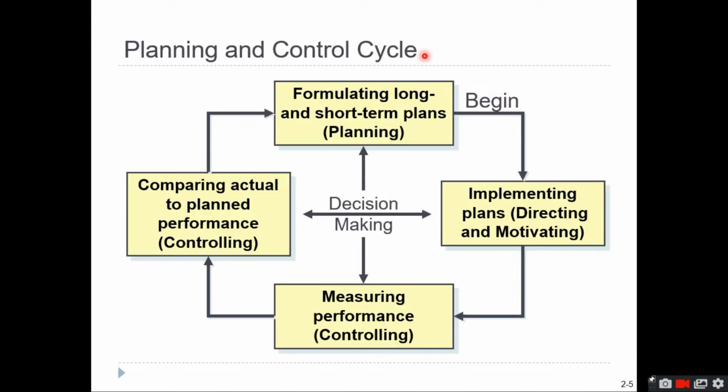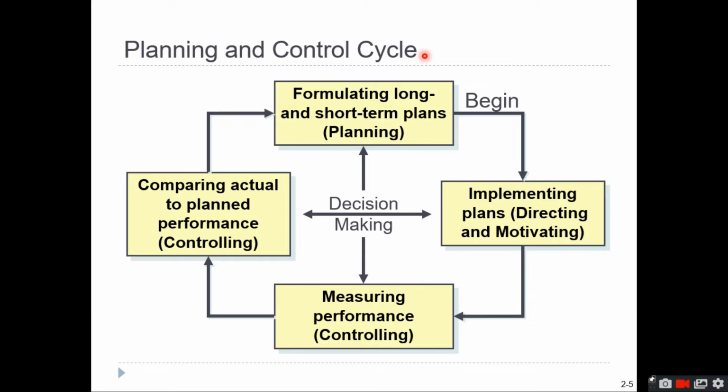So in the cycle of your planning and control, always remember that since this is a cycle, it is not always that what you initially planned will automatically or immediately be achieved. Okay, so which means that from your planning stage, which involves decision making, you also go to the implementation stage, and from that point you also need to implement decision making there.